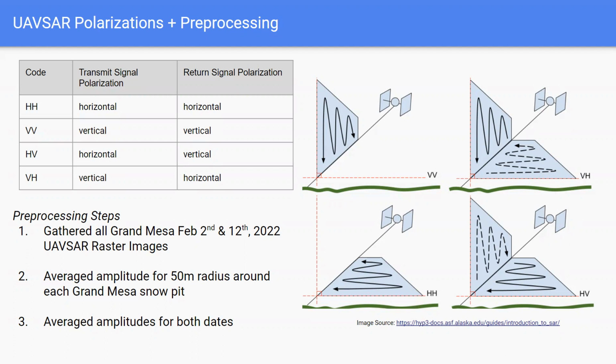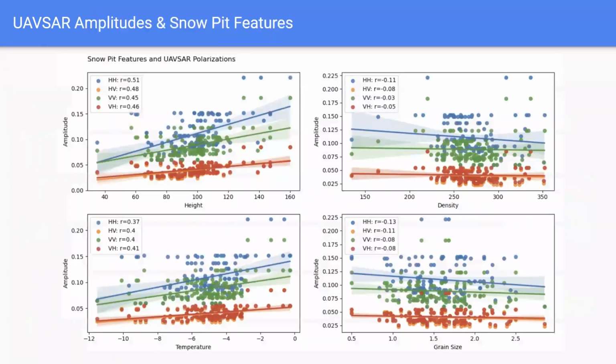This gave us the ability to create models for each of these values and explore whether there's a relationship. Before running a model, we wanted to look at the features we had for each snow pit and see what the relationship looked like for each polarization value from the UAV-SAR amplitudes.